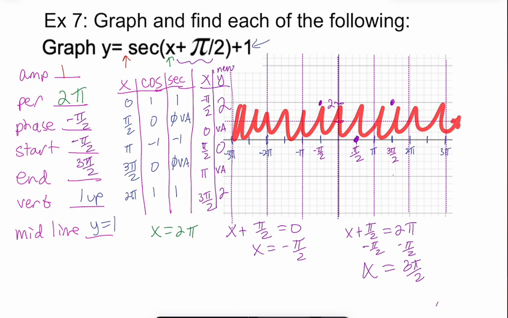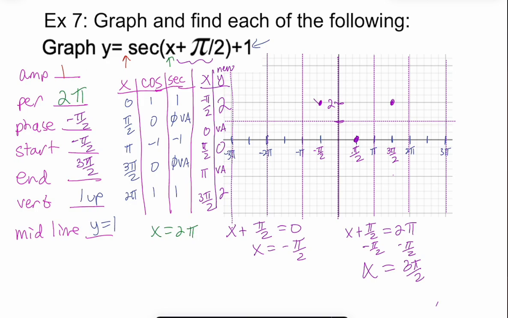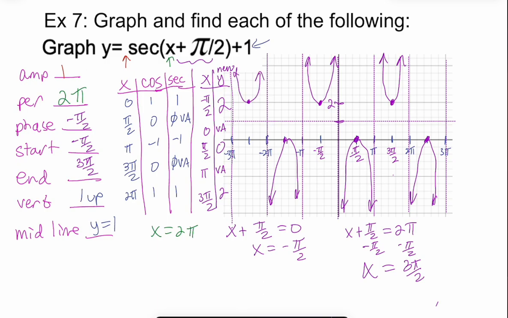It can't cross. The upper bumps are heading toward the asymptotes there. The lower bump is heading toward the asymptotes there. Upper bump. Now remember, these things are equally spaced, so this has to be a lower bump. This has to be a lower bump. This has to be an upper bump.